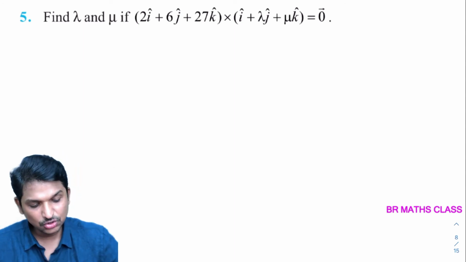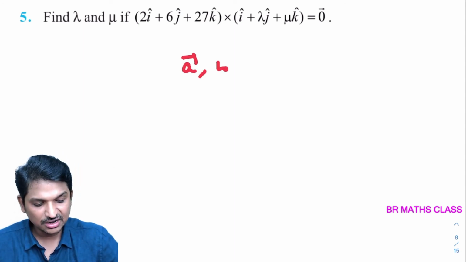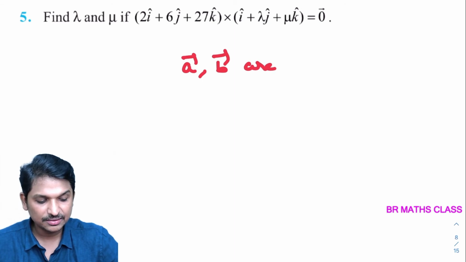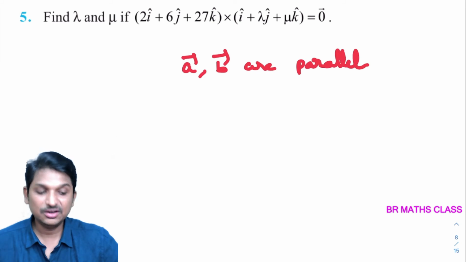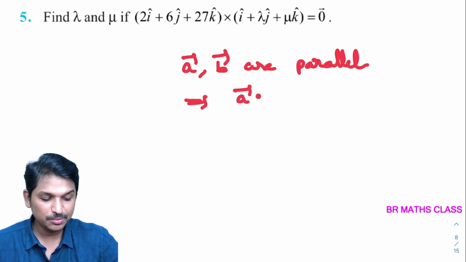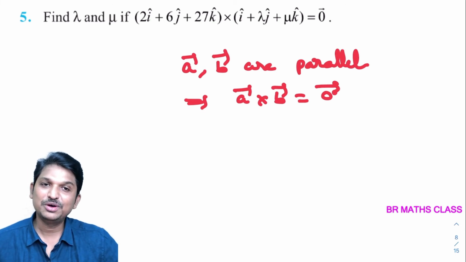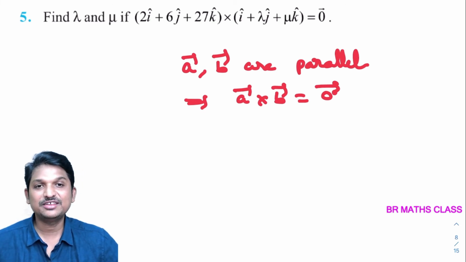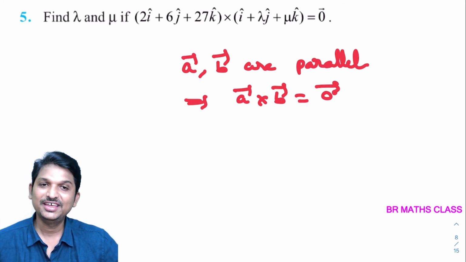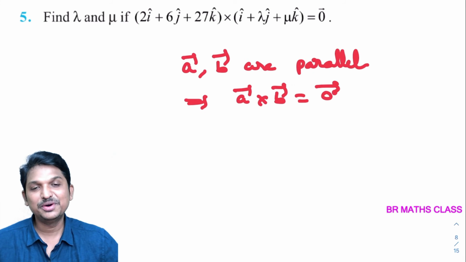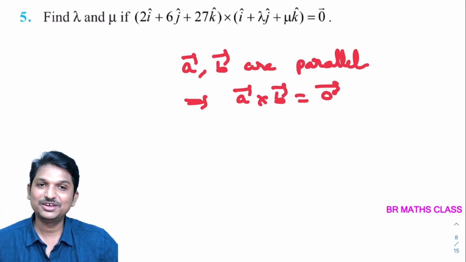In that, you know that if a bar, b bar are parallel, then a bar cross b bar is 0 bar. If two vectors a bar, b bar are parallel, then a bar cross b bar equals 0 bar. We know this.